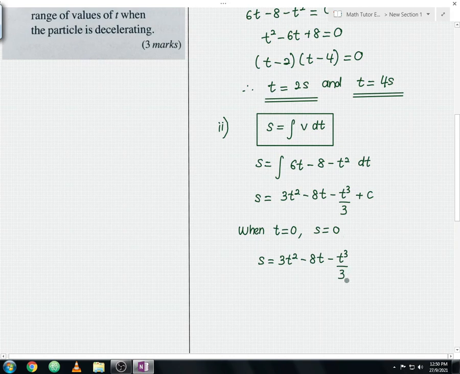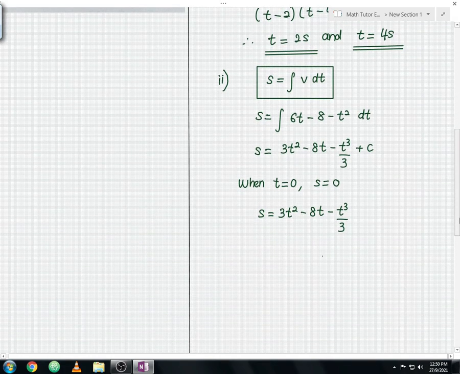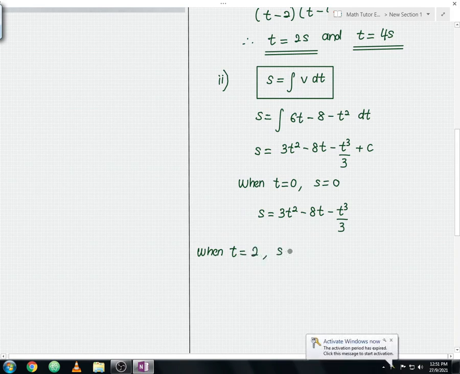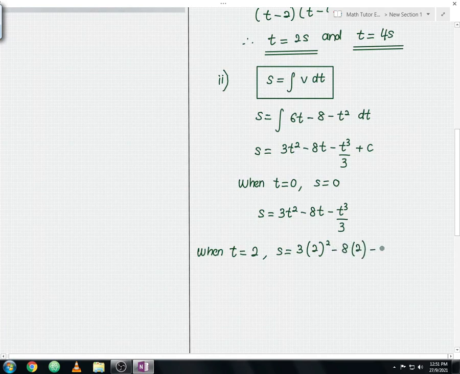Okay, for the next step what we need to do is we need to find the displacement when the time is equals to 2 seconds and when the time is equals to 4 seconds respectively, guys. Okay, so from here when time is equals to 2 seconds, S will be equals to 3 times 2 square minus 8 times 2 minus 2 cube over 3.